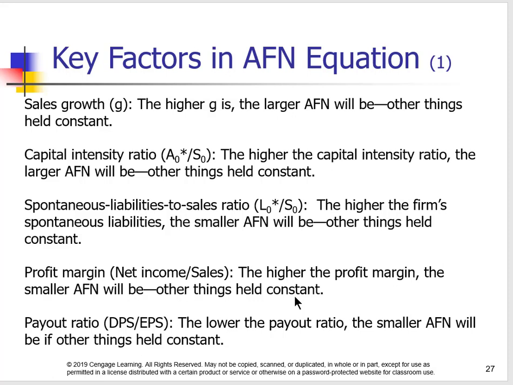Obviously, sales growth. The higher the growth, the larger the funds we're going to need. Capital intensity, right? The more assets we need for operations, the more additional funds we'll need.